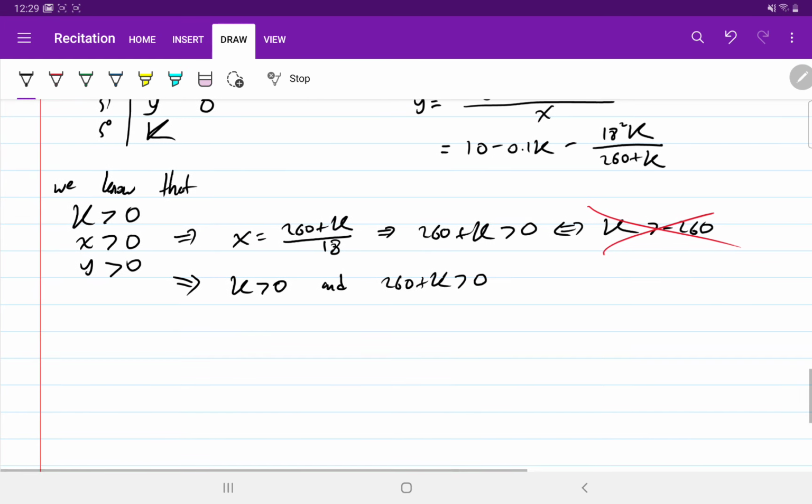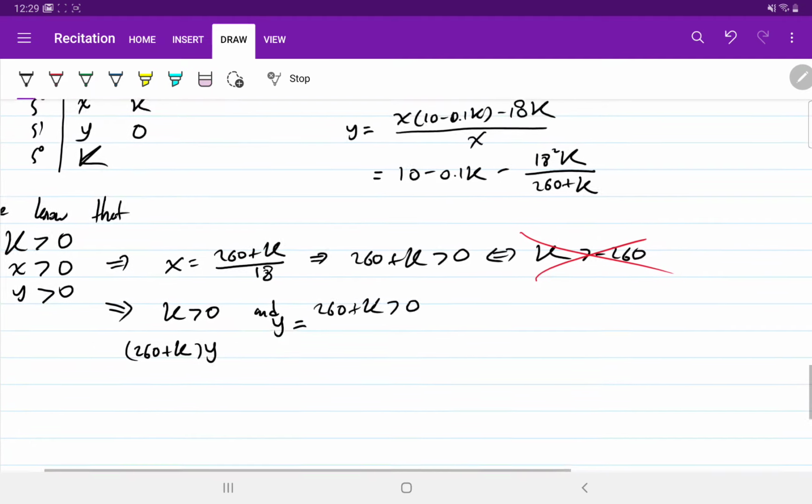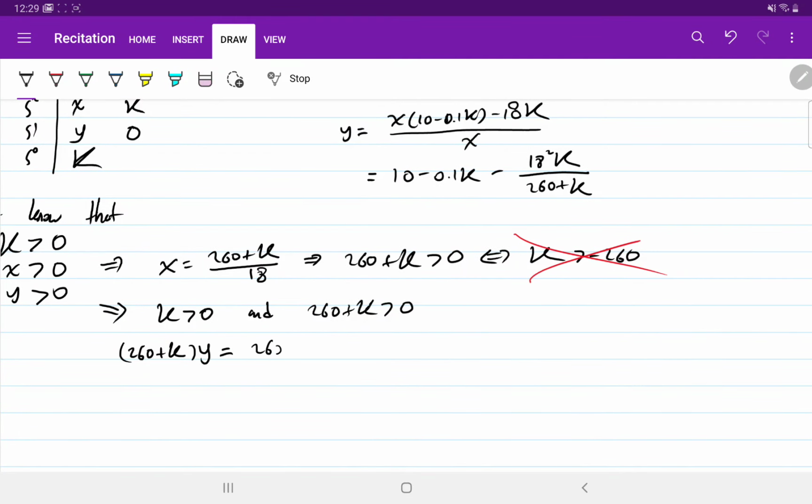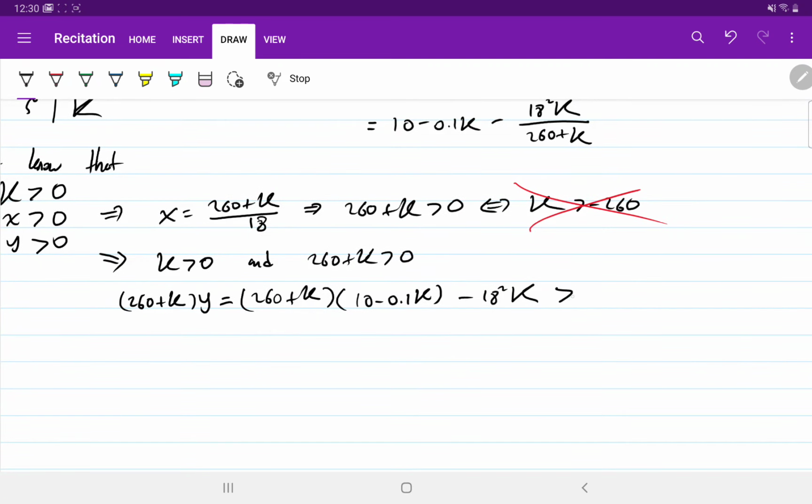So we can multiply y with 260 plus k. So 260 plus k times y, we have 260 plus k times 10 minus 0.1 k minus 18 squared k. And this should also be positive, right?